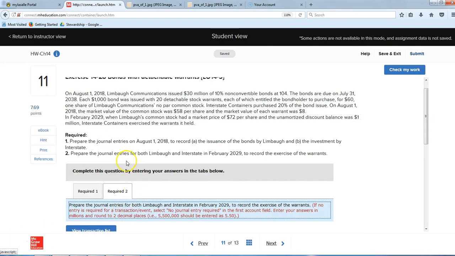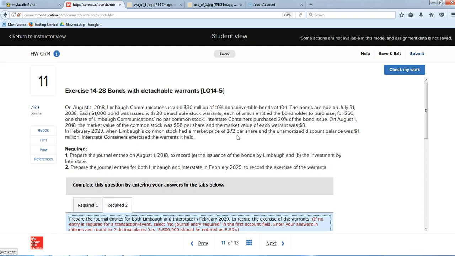Requirement 2 asks to journalize the exercise for both issuer Limbo and the investor Interstate. In February 2029, Interstate exercises a warrant.